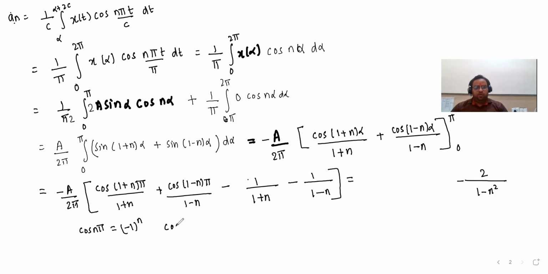So cos of (1 plus n) pi will be minus 1 to the power 1 plus n, and cos of (1 minus n) pi will be minus 1 to the power 1 minus n. This is what we will be having here.